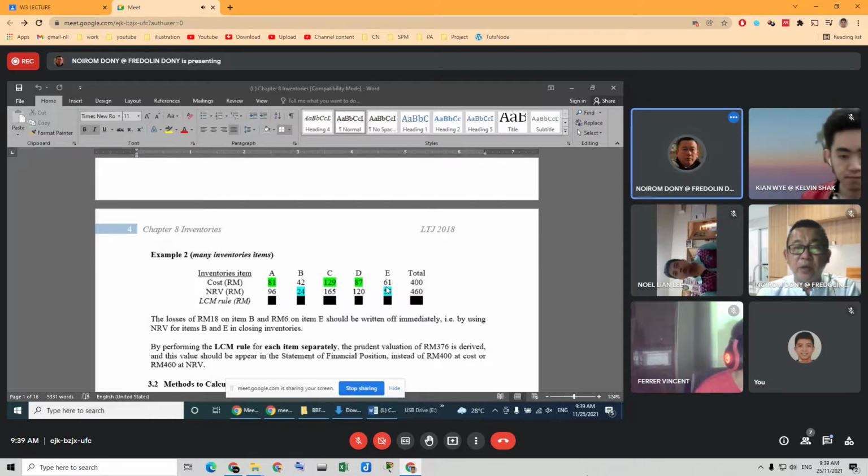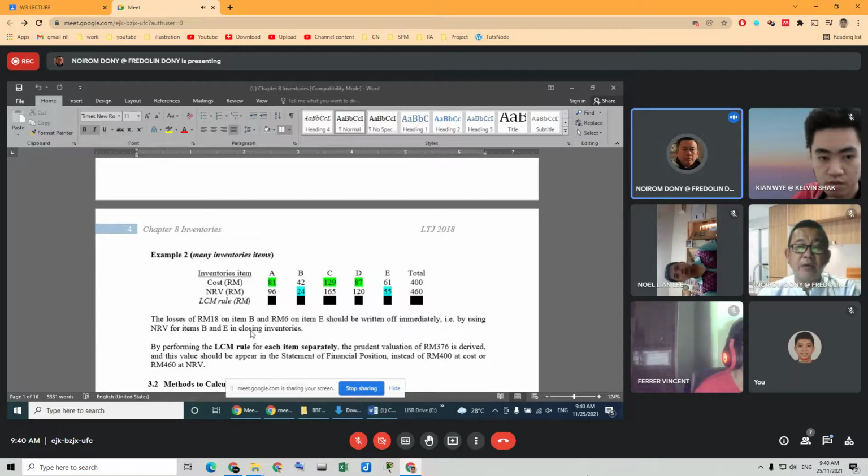And this one, we bought for 61, but now we value at 55. We have a loss of about 6 ringgit. So this is what we call anticipated losses. So by using this value, that is 81 plus 24 plus 129 plus 87 plus 55, that will be the value of inventory using the lower of cost and market value rule.